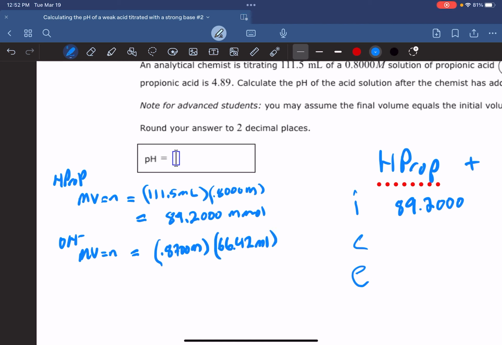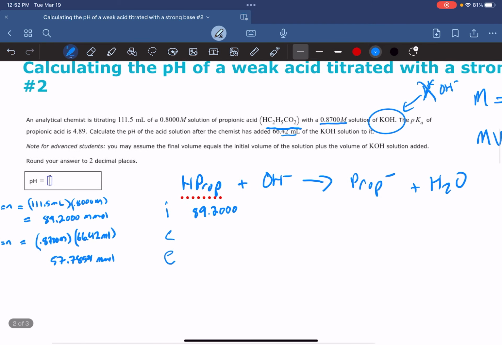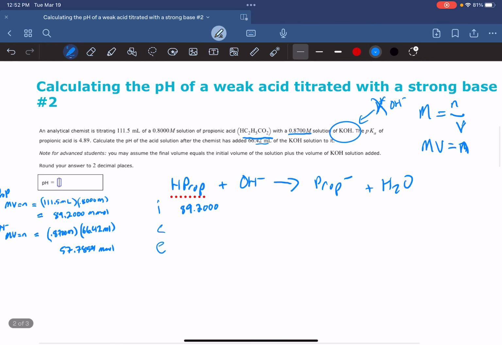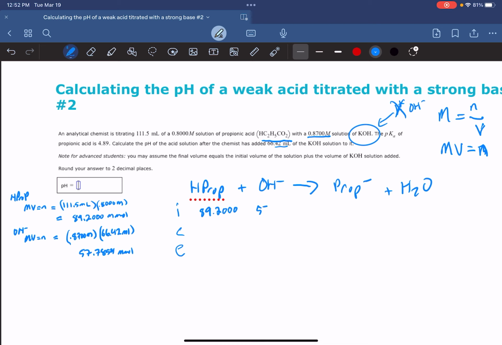And when we multiply that out, we end up with 57.7854 millimoles, which is what we're going to put back in our overall equation, 57.7854. Now, you may be thinking, I don't want to write all those numbers out, and you could get away with not doing it.